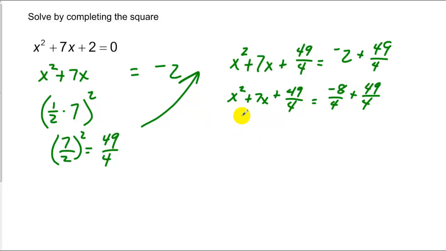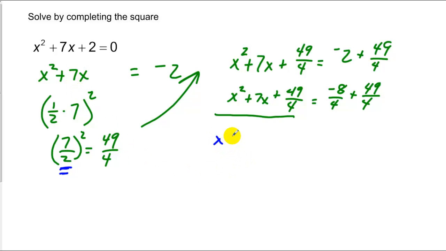Now, this term right here is supposed to be a perfect square. So what multiplies to 49 over 4 but adds to 7? Well, the beautiful thing about that is your answer is always the term that was half of b.